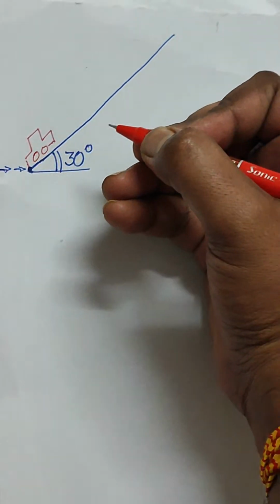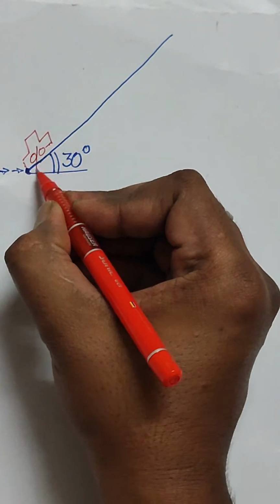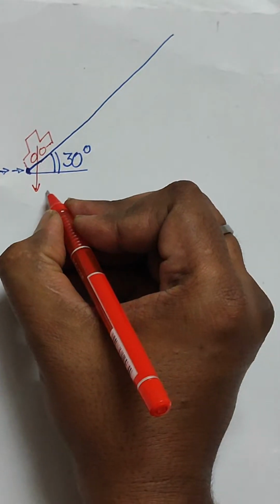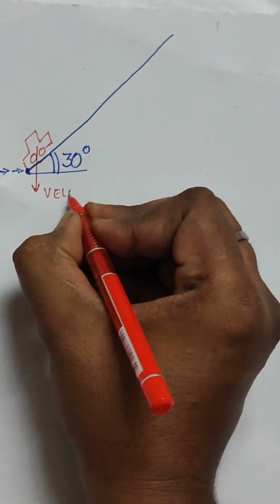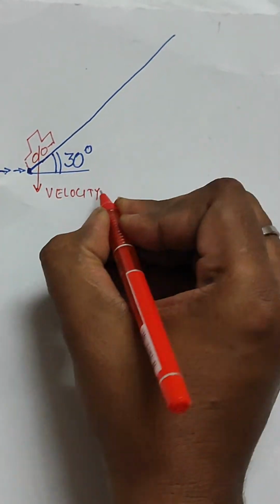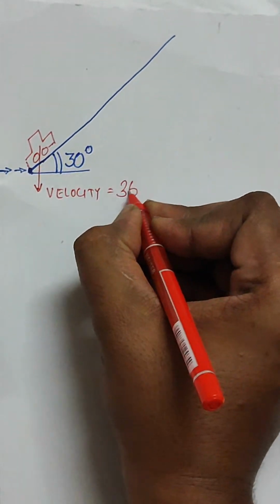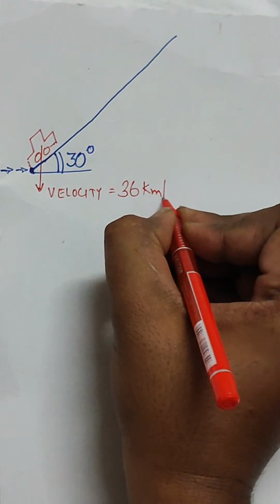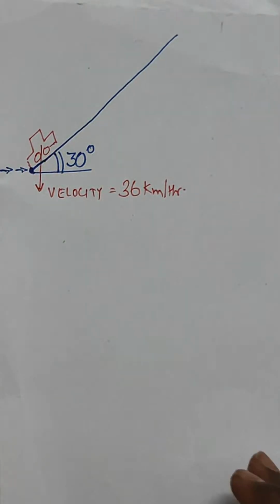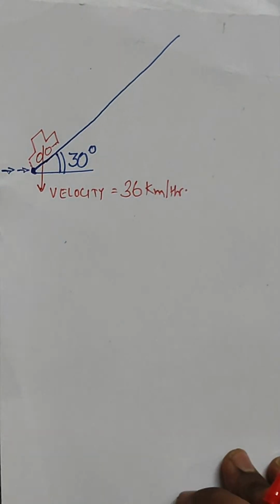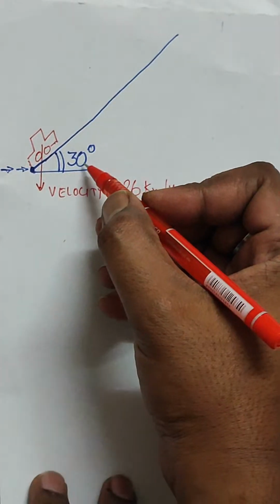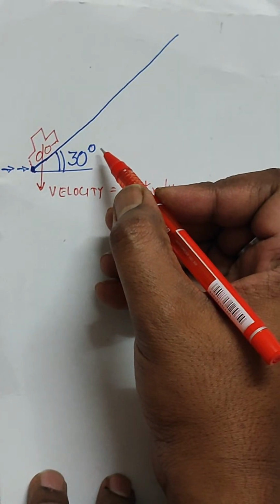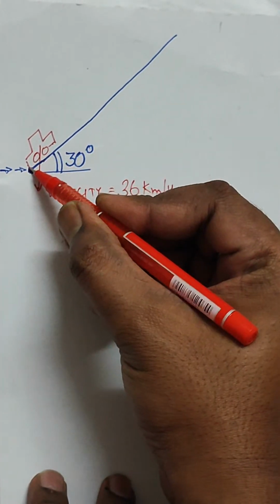At this point the velocity is given to you as 36 km per hour. Now the slope, the inclination, is of 30 degree.